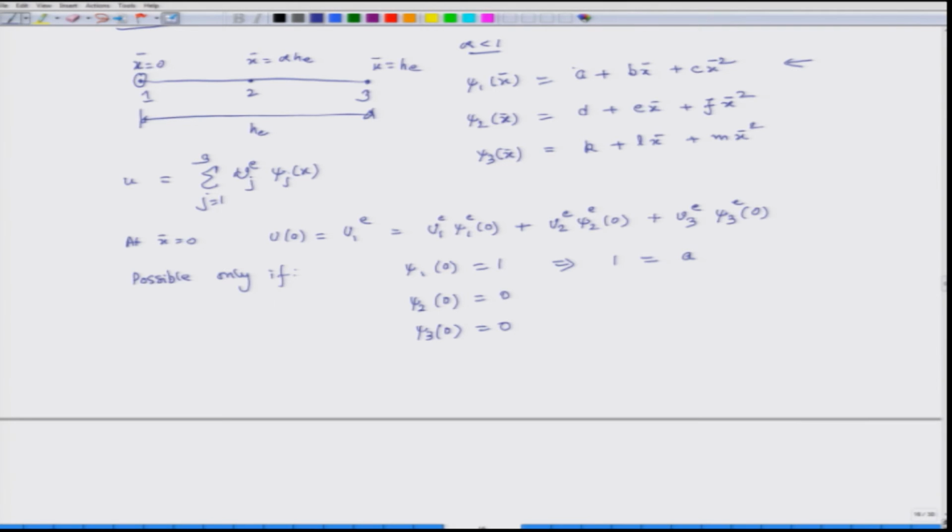So, this is equal to a plus b x bar, where x bar is local, and the value of x bar is 0. So, 0 plus 0. The second equation is 0 equals d plus 0 plus 0. The third equation is 0 equals k plus 0 plus 0. So, I right away get 3 unknowns.